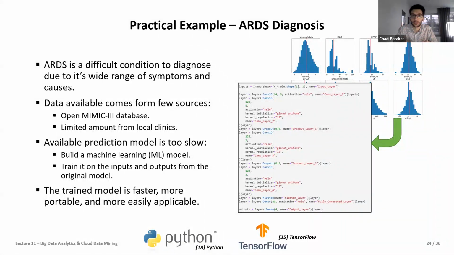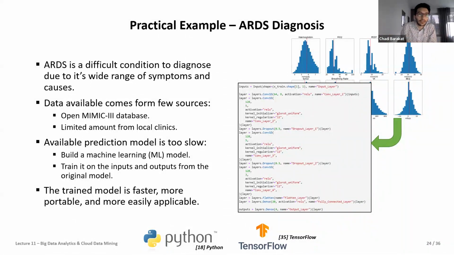It was more lightweight and much faster because it didn't go through all of these mathematical calculations and breathing cycles of what the patient is going through. It just worked as a black box, input, output.